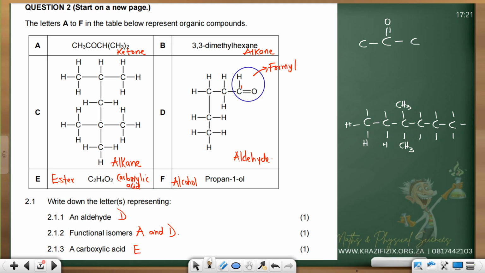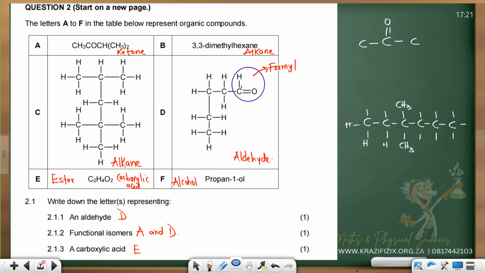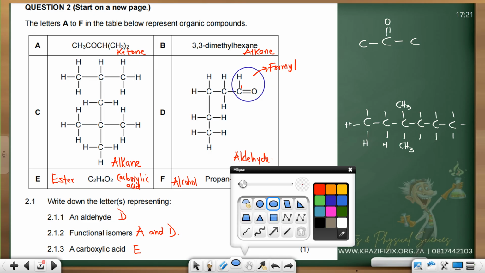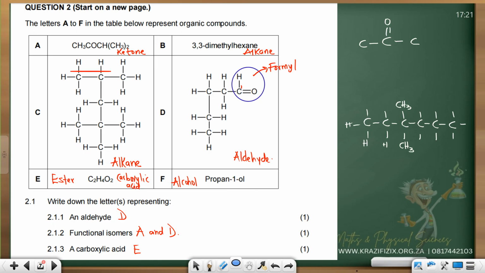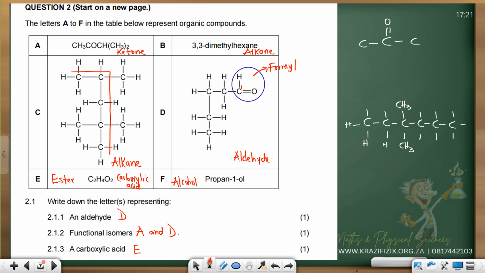Now, if you compare compound B and C, what would you notice? Here, the longest chain is what? 5, I think. 1, 2, 3, 4, 5. Yes. The longest chain is 5. Now, what am I doing? The longest chain here, remember, the chain has to be continuous, is 5.